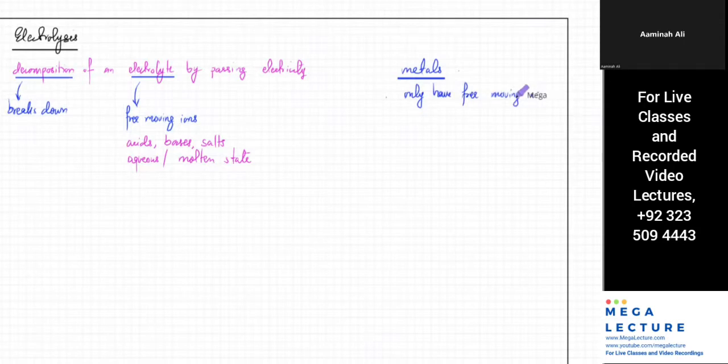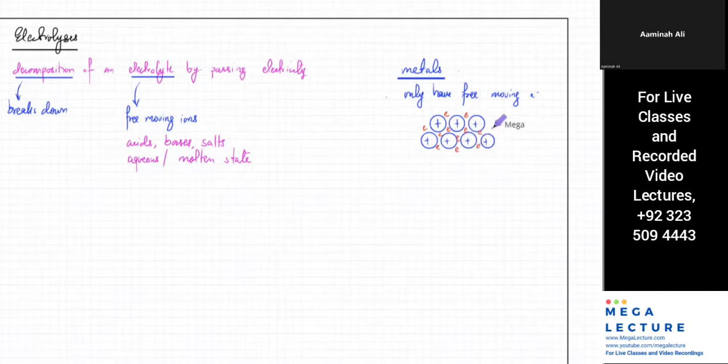The metallic structure is like this: a bunch of positive ions in a sea of free moving electrons. Electricity is the movement of charges. So you have positive ions, and lots of delocalized electrons just moving around, filling up the gaps between the lattice.